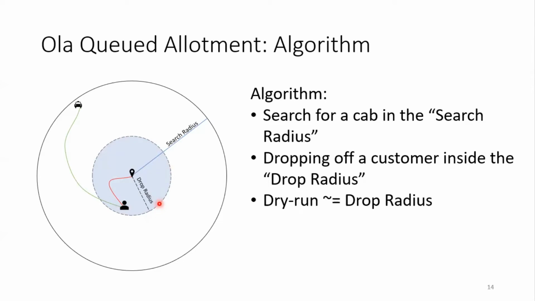So very simple. The total time taken here would be T1 plus T2 plus a buffer, where T1 is the time from the cab's current location to dropping off the current customer, and T2 is the time from the customer's drop-off point to the new pickup point, plus a little buffer at the point of drop-off to exchange cash, generate billing, and so on.